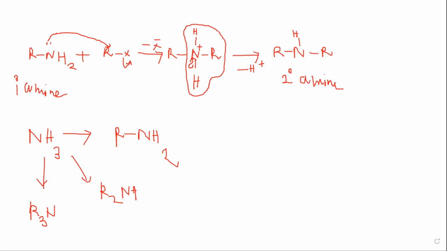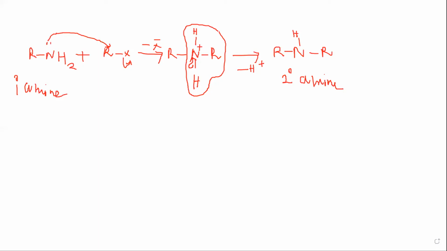Now RNHR plus another molecule. If you want, you can put the alkyl part of the alkyl halide as a different group like R dash, then it is easy to understand. So let me put R dash X.